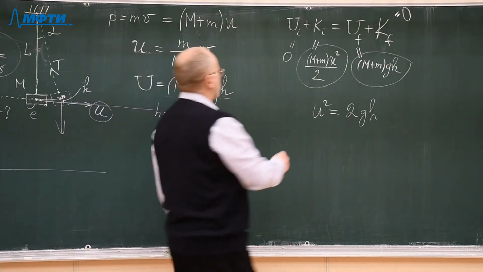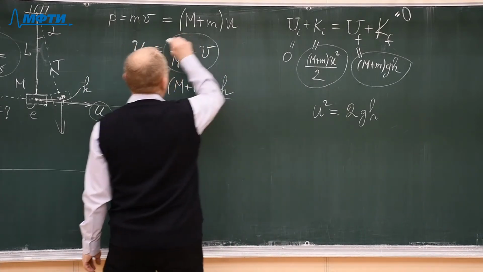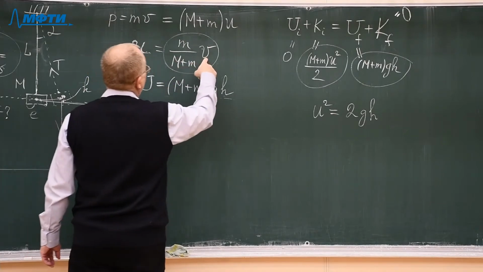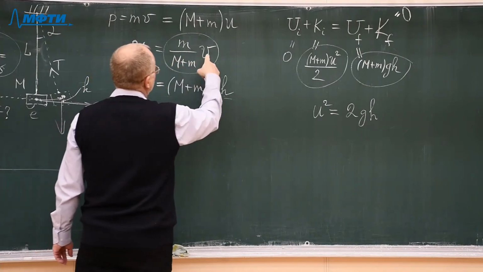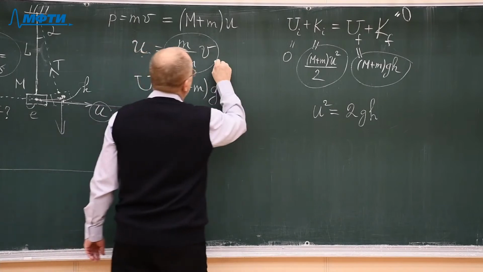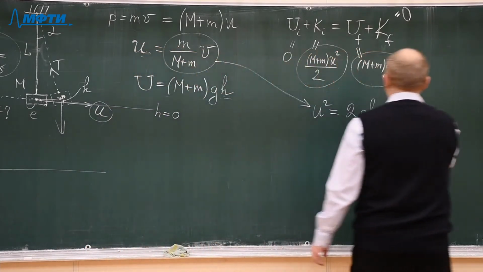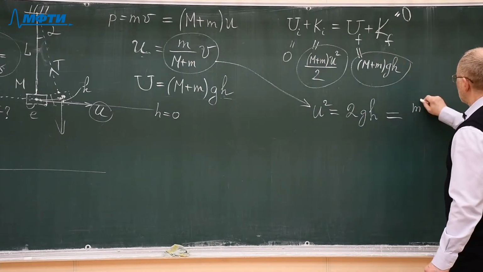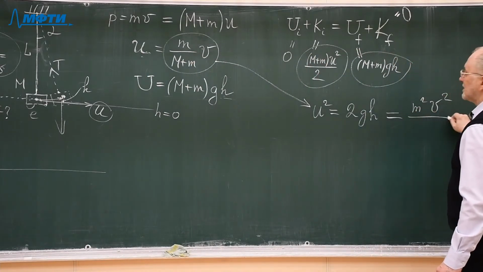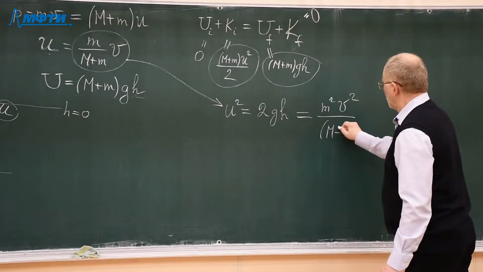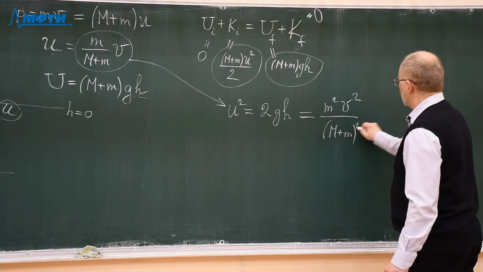So we can take this expression containing the velocity of the bullet and substitute it here for the velocity u, and then we obtain m squared v squared over capital M plus small m squared.